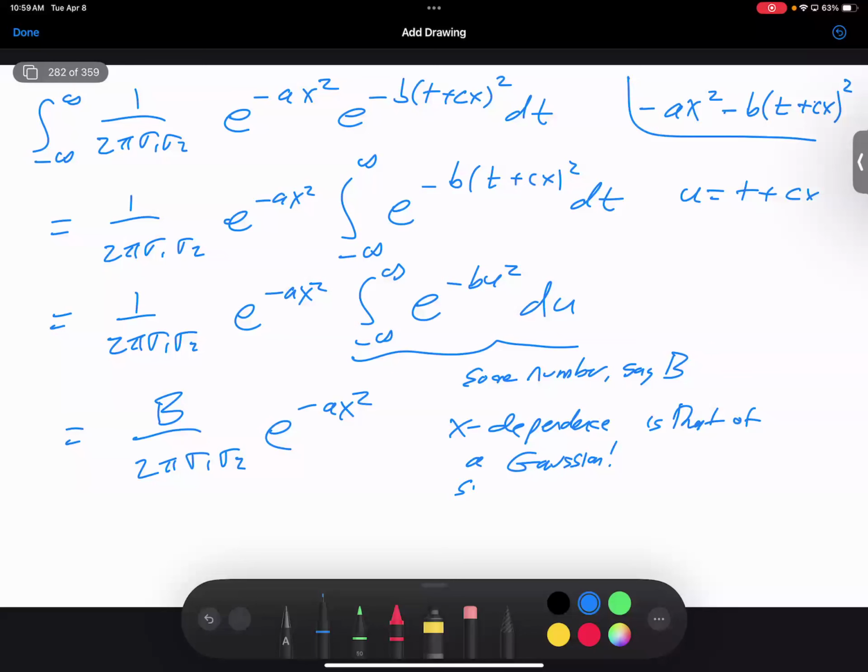So A has to be 1 over 2 sigma 1 squared plus sigma 2 squared, and b over 2 pi sigma 1 sigma 2 has to be 1 over the square root of 2 pi sigma 1 squared plus sigma 2 squared. You can go through and do all the algebra and get that if you want.